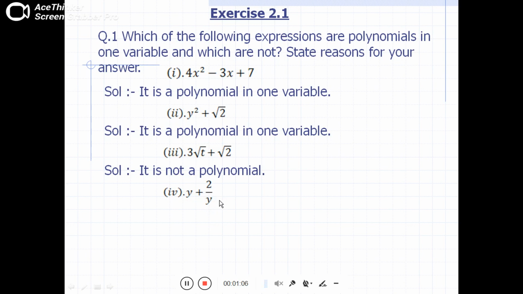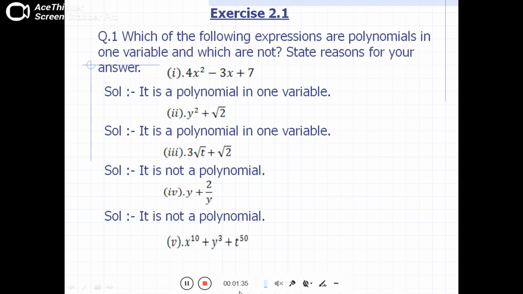So this can be written as y raised to minus 1. Therefore its exponent is negative, so it is also not a polynomial. So students, the concept you are getting is, you have to see the power. If the power is negative or a fraction, then that is not a polynomial. Keep it in mind always.